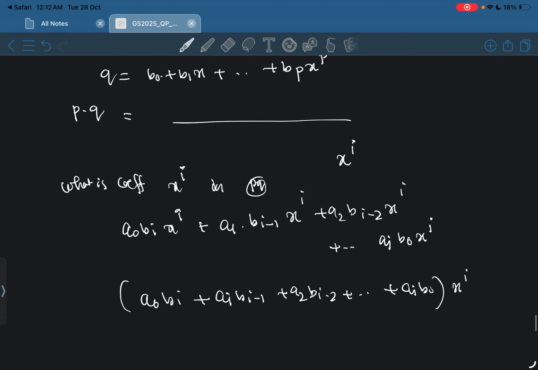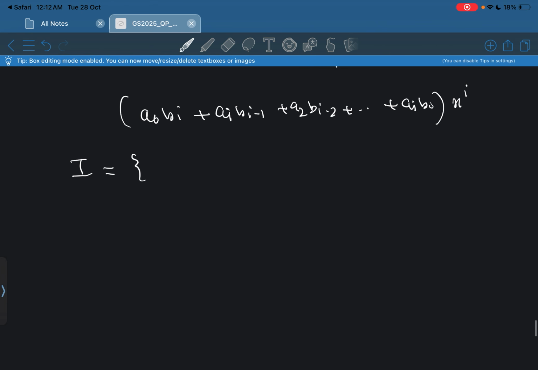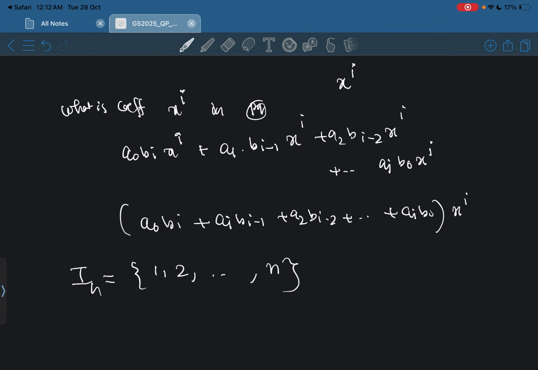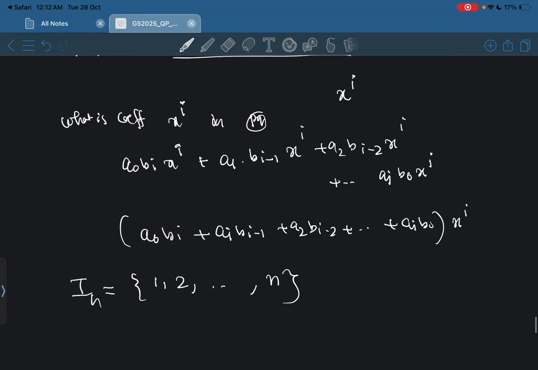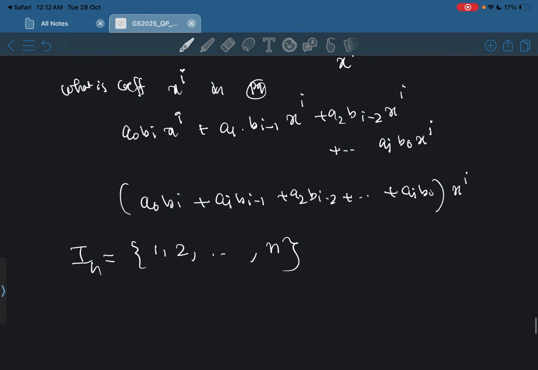Now if I consider the indices from 1 up to n, all the lower coefficients, all ai's must be rational numbers for i less than or equal to n.